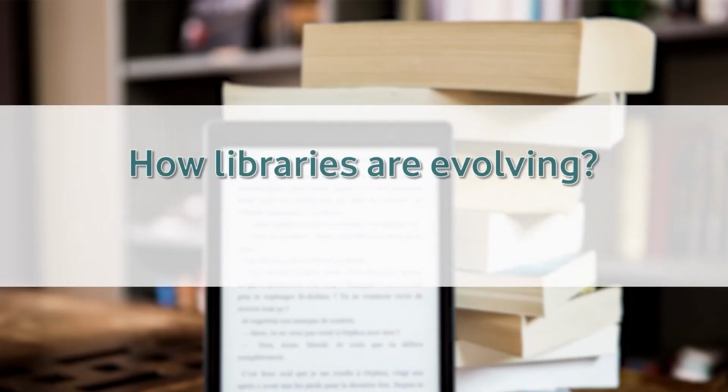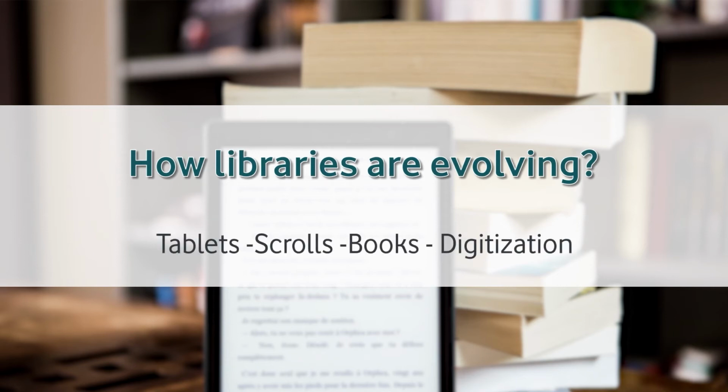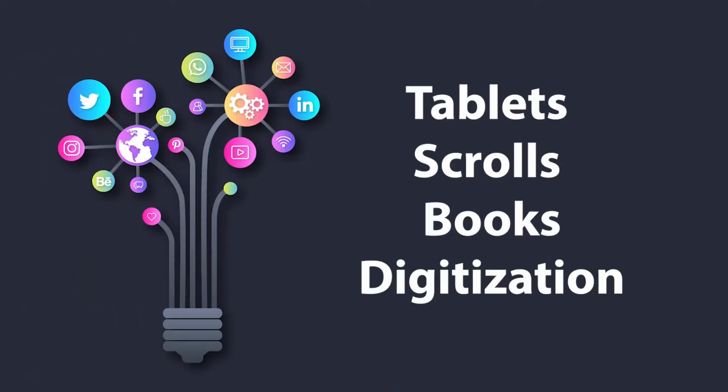How libraries are evolving. I think it is very important for us to understand how libraries are evolving. Library has been existing in different forms since almost 500 years back. It evolved from tablets to scrolls to books, and today it's in a digitization form. So it is also important to see how libraries are evolving in the 21st century.